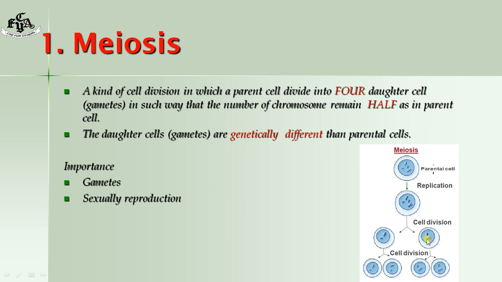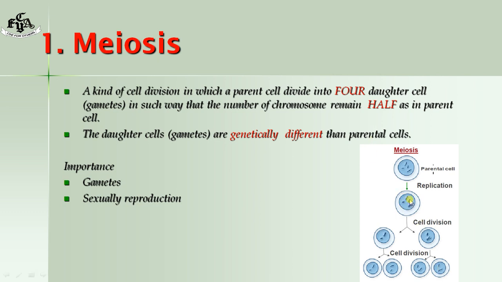And then again each of these daughter cells divides into two daughter cells. But in this second division, the number of chromosomes remains the same as in the first division daughter cells. So at the end we will get 4 daughter cells, and in these 4 daughter cells the number of chromosomes will remain half as compared to the parental cell.